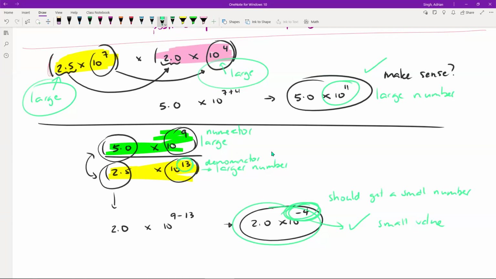And if it doesn't make sense, that usually means maybe you subtracted when you should have added, maybe you added when you should have subtracted, etc. Okay, so this is something that you want to apply to all of the calculations that you do. Does the answer make sense? There are different tricks and tips along the way that you can use to help you decide that it doesn't make sense.